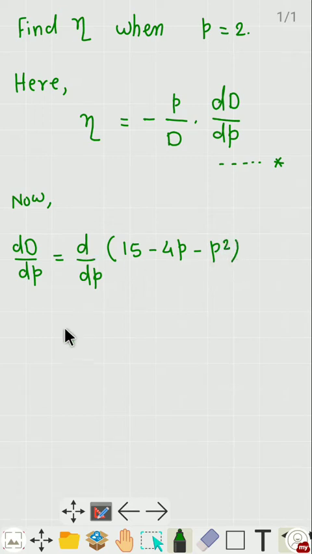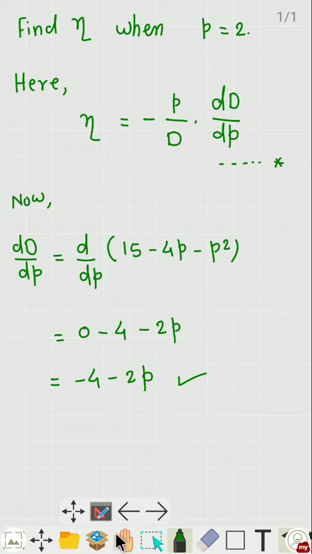The derivative of 15 is 0, minus the derivative of 4p is minus 4, and minus the derivative of p square is minus 2p. Finally we have minus 4 minus 2p. So this is the value of this derivative.